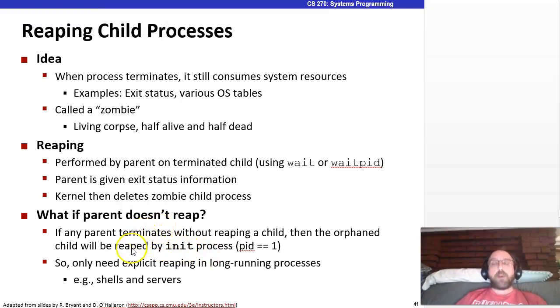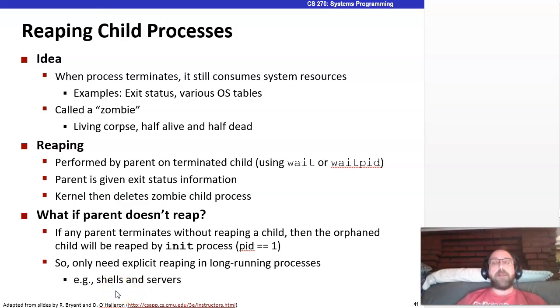But if you have a parent process that's long running, it's going to create many child processes and isn't going to exit anytime soon, then those child processes are going to remain zombies unless you wait for them. So a program that's intended to run a long time and possibly create a lot of child processes, something like a shell, for example, that you're typing your commands into.